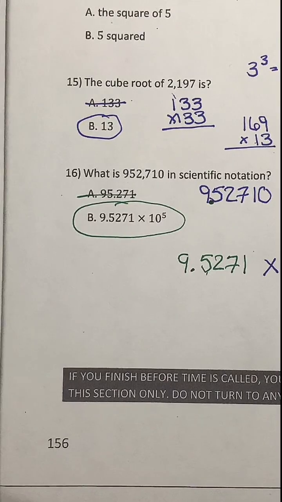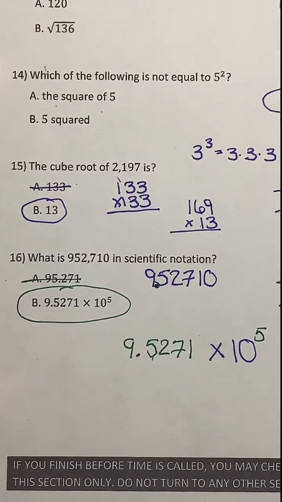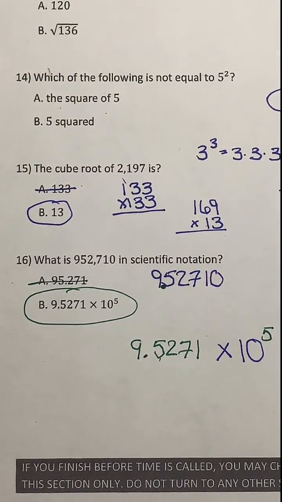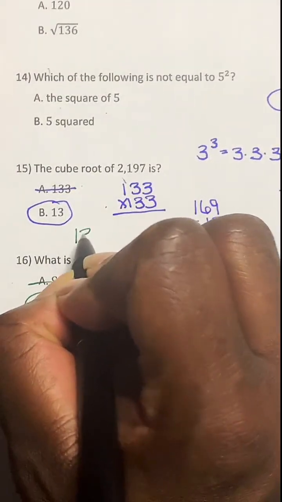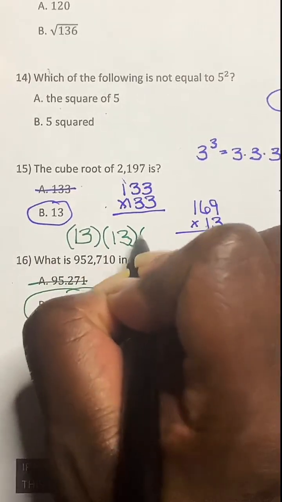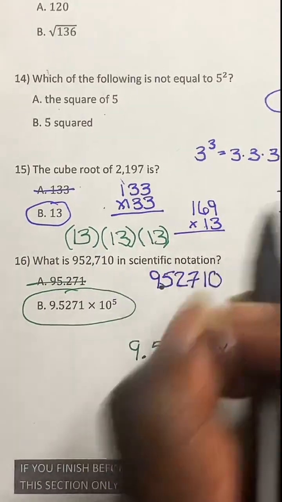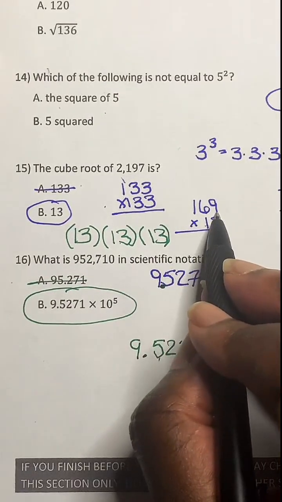Re-explain number 15. So with the 15, we're looking for a number that can multiply by itself 3 times because it's a cube root. So 13 times 13, that's the same as 13 squared, which gives me 169.